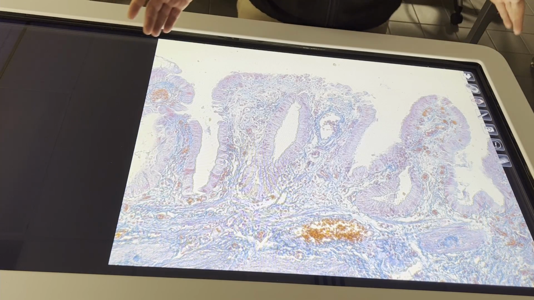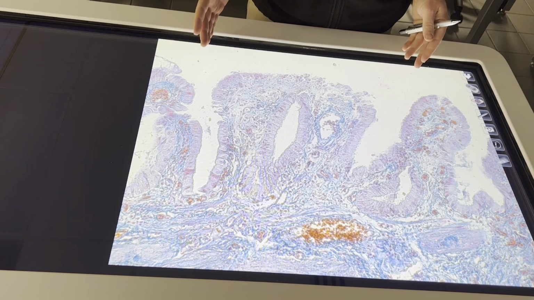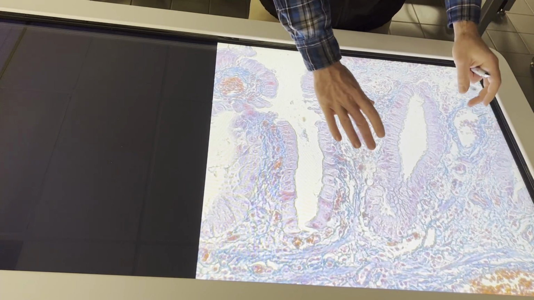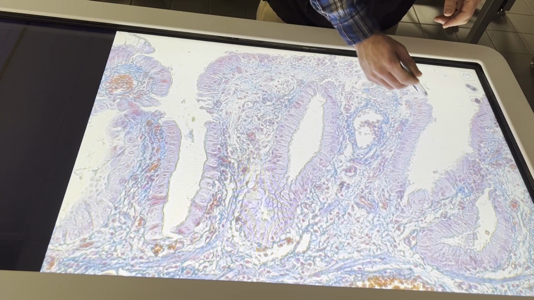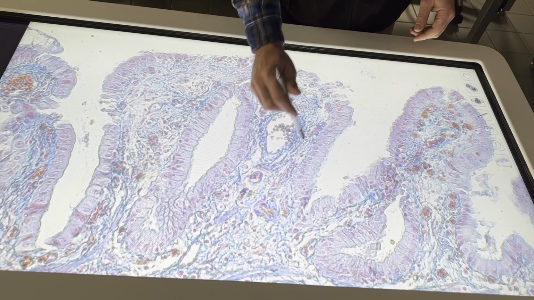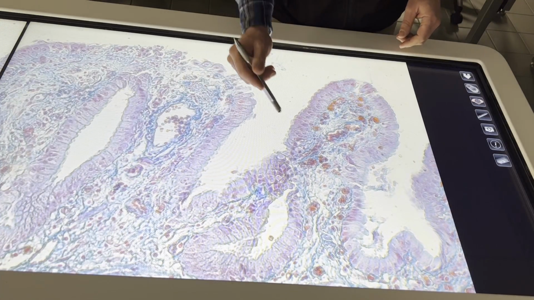Our next tissue I'm going to talk about is simple columnar. Now this is a slide of the small intestine, and if I zoom in, you're going to see this lighter purple here. That's all simple columnar tissue. This darker blue stuff, that's all the basement layer. So you can actually really see it good right here.